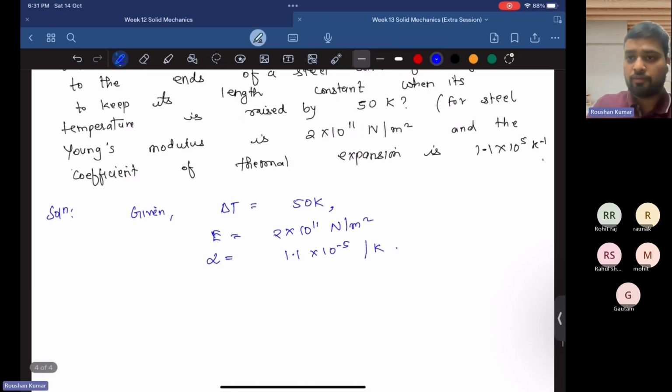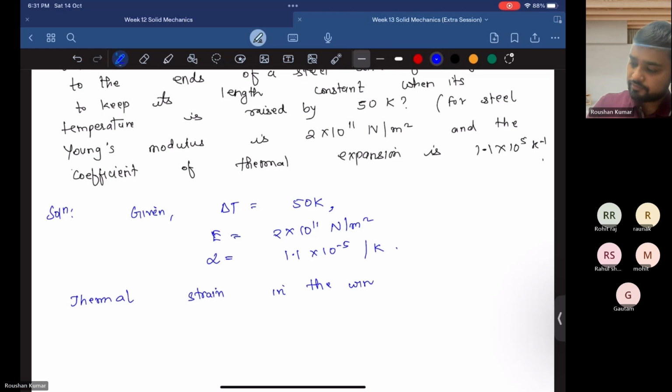We already know from the theory that we have to calculate the thermal strain due to temperature change. So the thermal strain in the wire is given by alpha times delta T.